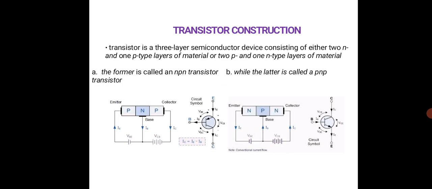The various voltages are given between the collector and the base, the emitter and the base, and the collector and the emitter. The voltage is given with a double-headed arrow, and this is the circuit symbol.